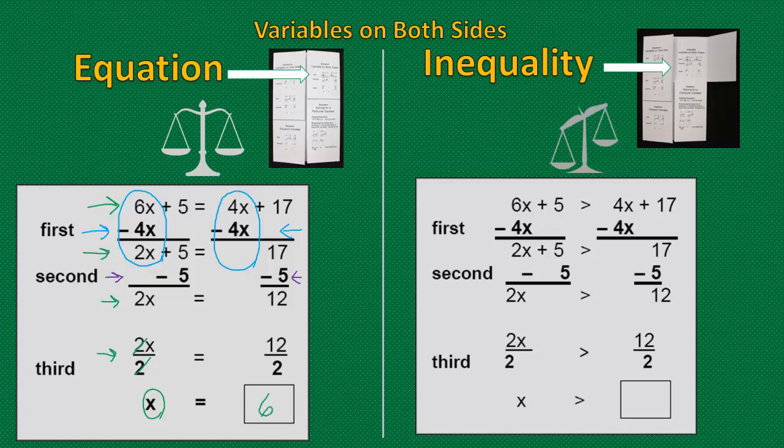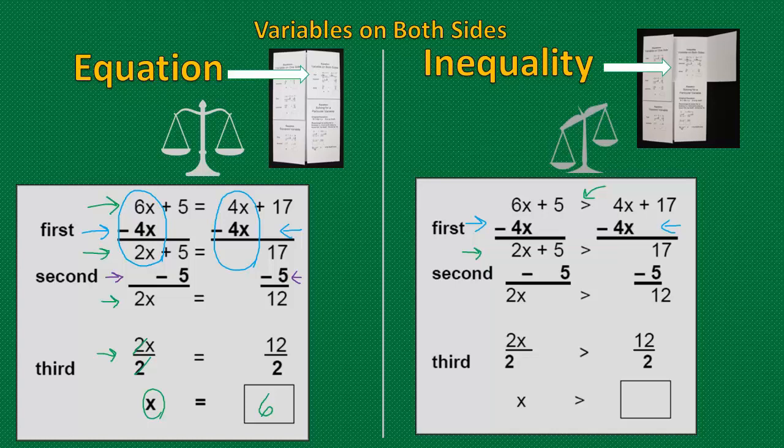On the right, we have a very similar problem, except that we have a greater than symbol instead of an equal sign. But we'll do all the steps exactly the same way. We will subtract the 4x on both sides. That will leave us with 2x plus 5 being greater than 17.